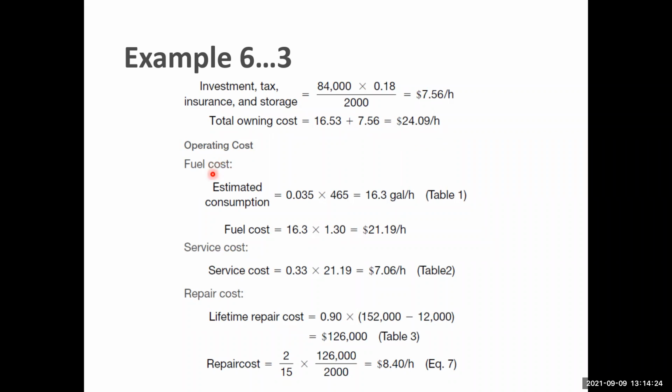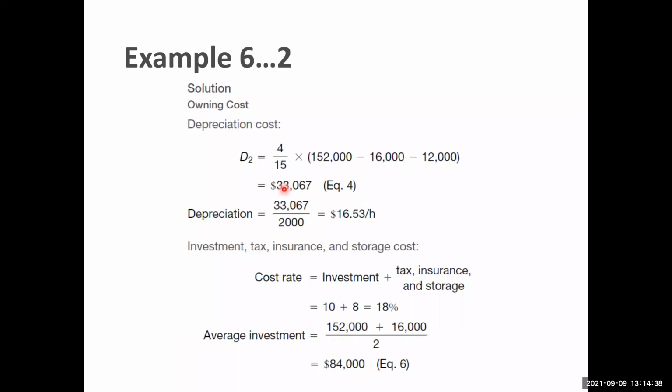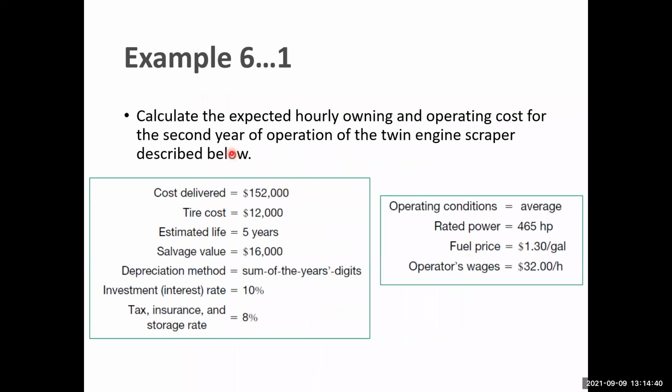In addition, we have now to calculate the fuel cost as well. So for the fuel cost, we can calculate the estimated consumption. For this we need this consumption factor 0.035 from table number 1. So for using table number 1, what we have over here is the engine scraper in the average conditions.